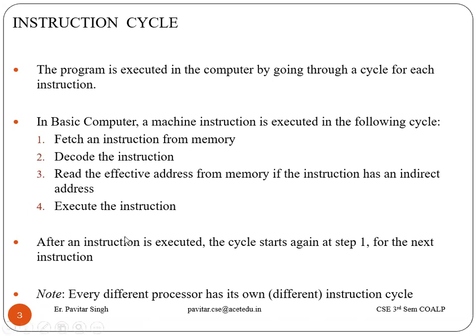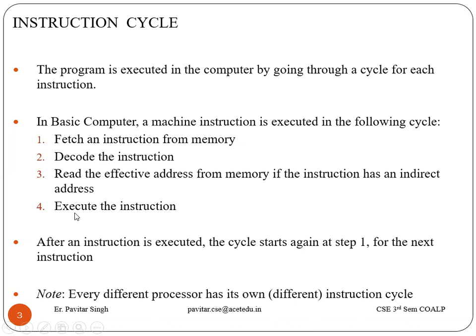After an instruction is executed, the cycle starts again at step one for the next instruction, right? The first instruction goes through the four phases: first fetch, then decode, then read effective address, then execute.